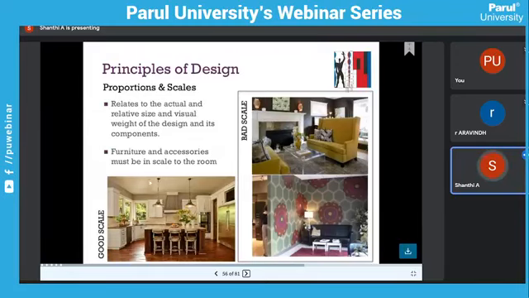Here again, you can see the height of the chair and the lights. Everything has been differently proportioned. This is proportionately equal, but still they have made some difference towards the wall, where the proportions vary, the height varies, everything varies.